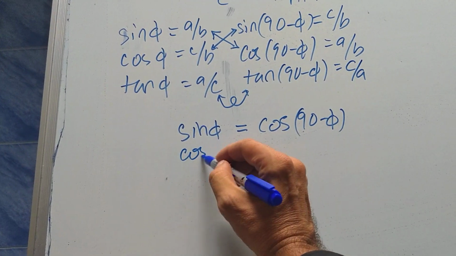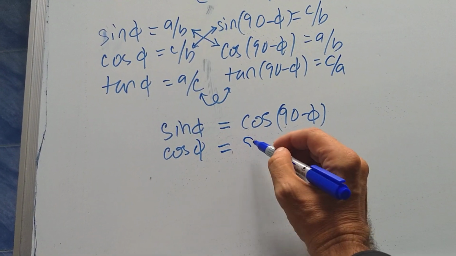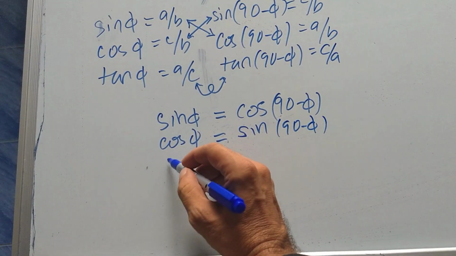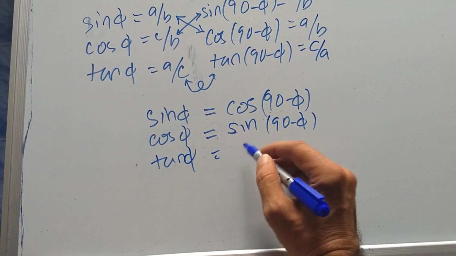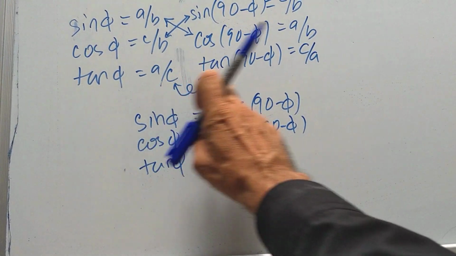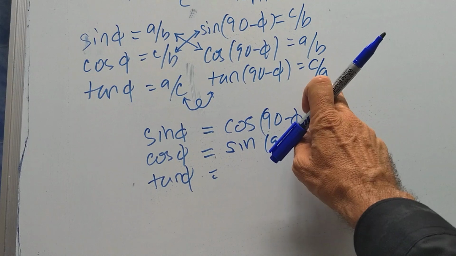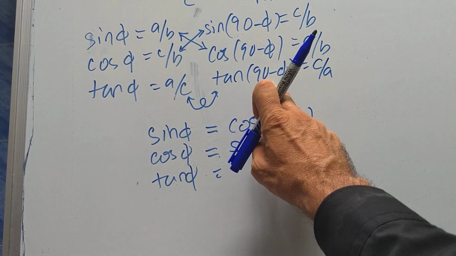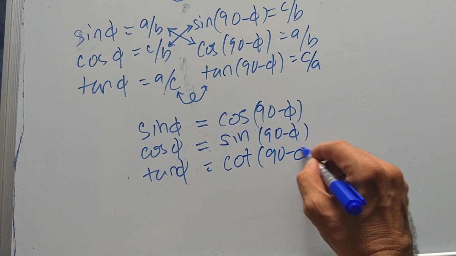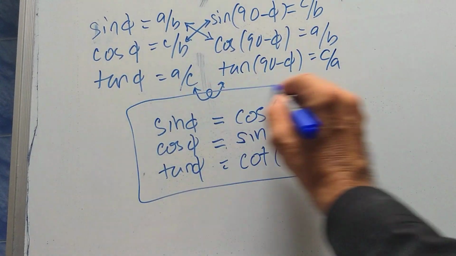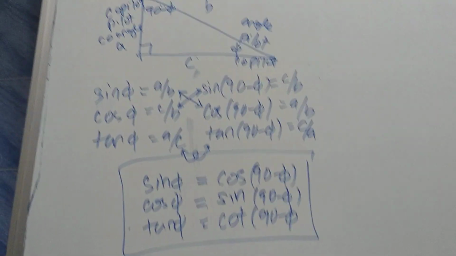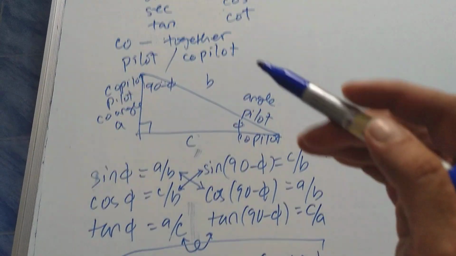Okay, cosine phi is equal to sine 90 minus phi. Tan phi is A over C. This is C over A, so I have to take the reciprocal of this. But the reciprocal of this is cotan, so this is cotan 90 minus phi. There we go. That's one group of identities that we discovered by looking at pilot, co-pilot, angle, co-angle.